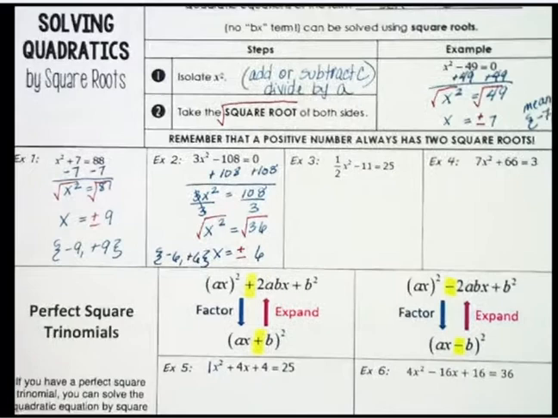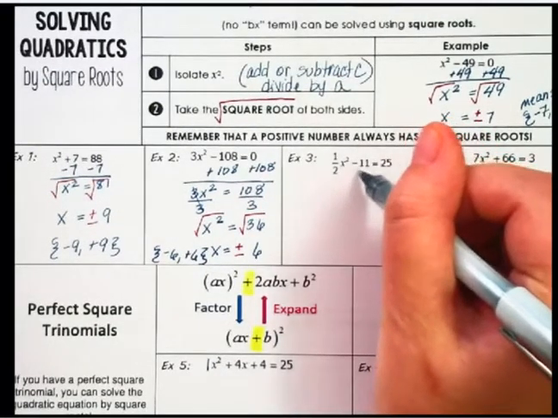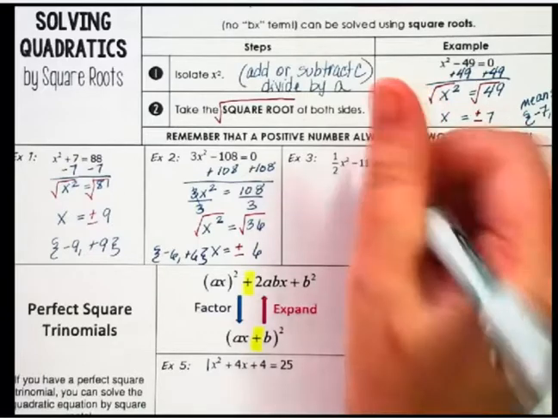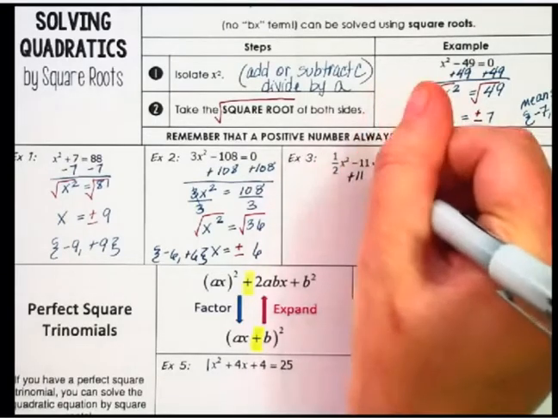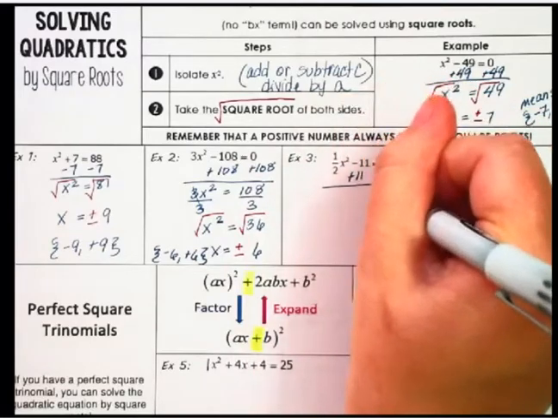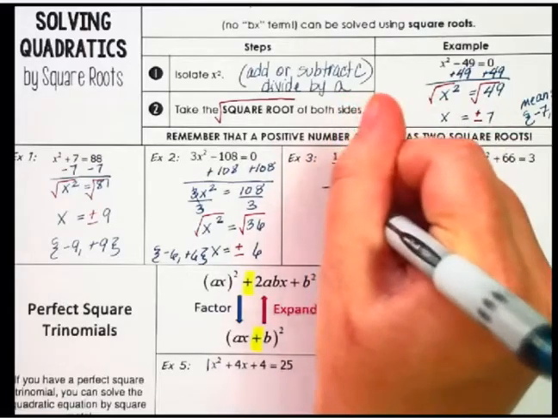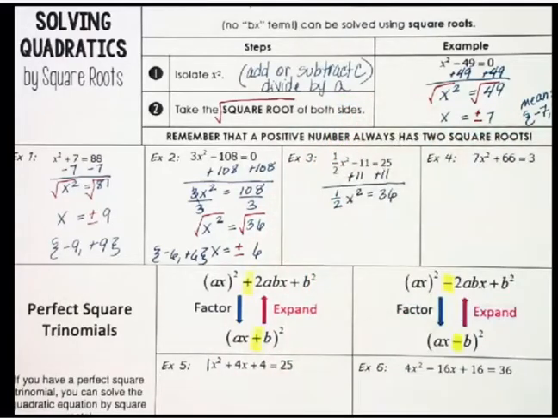Example number 3. So I see a -11 here, so I'm going to go ahead and add 11 to both sides. 25 and 11 is 36. And I still have this 1/2 x squared over here.